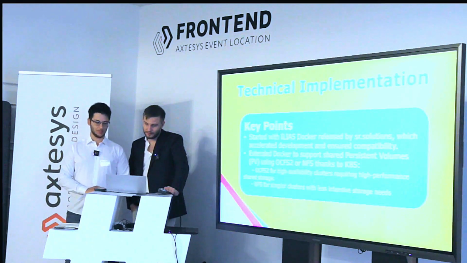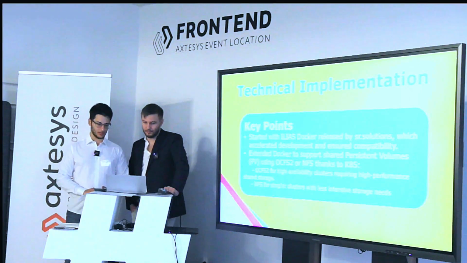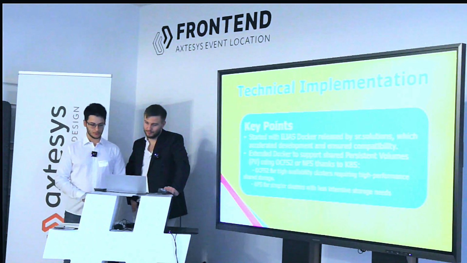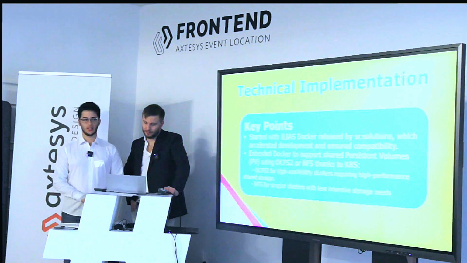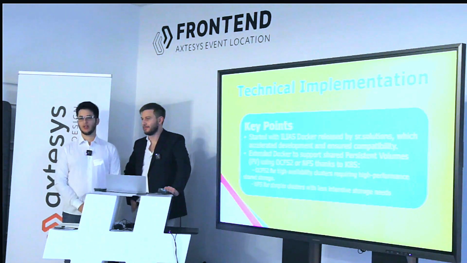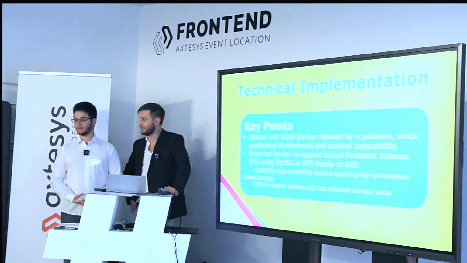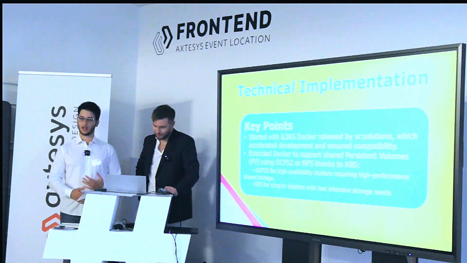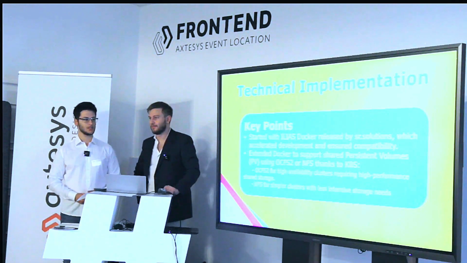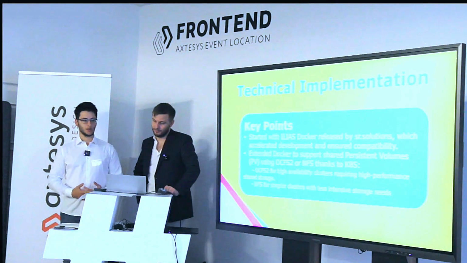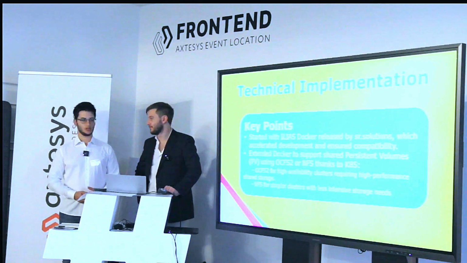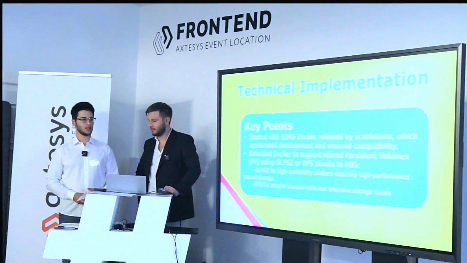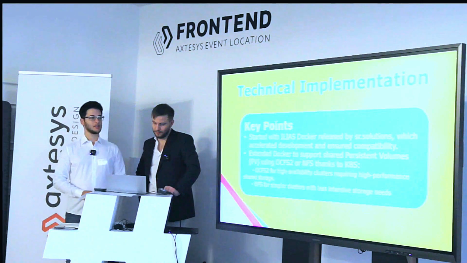As Davide said before, we use ILIAS Docker by SR Solutions and enhanced it to work with Kubernetes. For the integration with S3, we used an approach via a cron job on ILIAS to periodically upload all the media files to an S3 installation on AWS in this case.